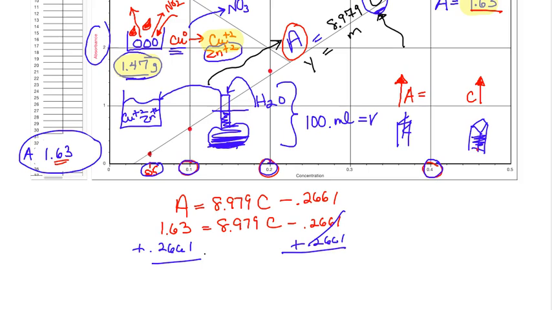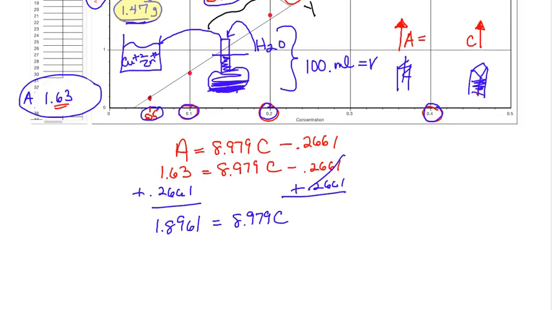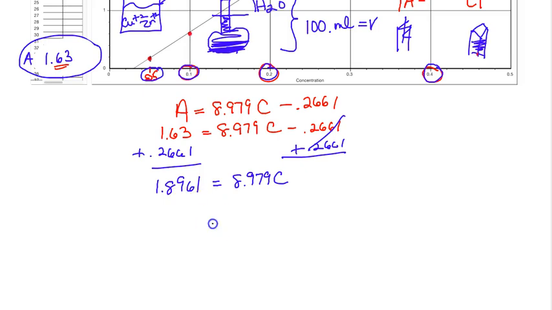So 1.63 plus 0.2661 gives me, and this is just made up numbers, but you can follow along, 1.8961 equals 8.979 C. To solve for my C, all I'm going to do is divide by that number. Just doing some algebra here.